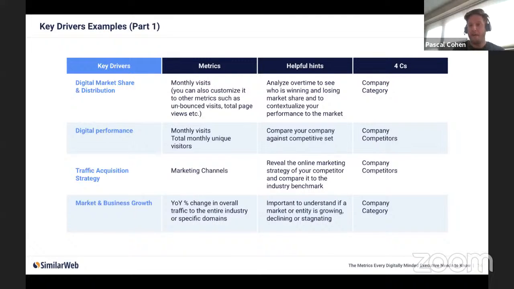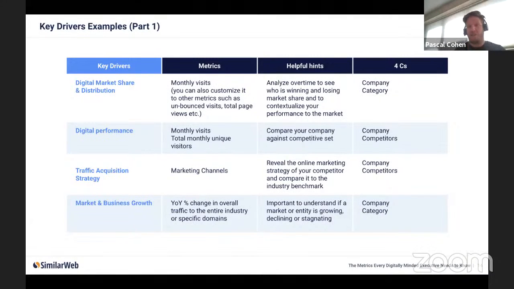You want to compare the bounce rate of your domain against your core competitors, for example, or use uniques per device, a metric we have available as well to measure customer loyalty and how their digital entities are performing over time. So digital performance is definitely one of the major key drivers as well.